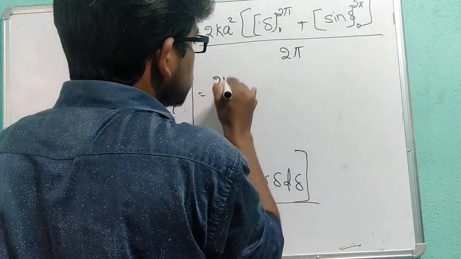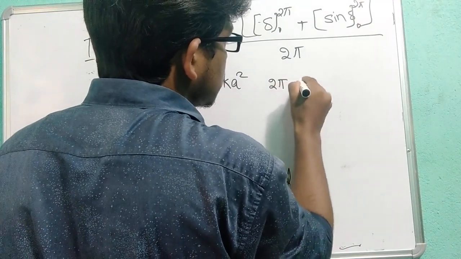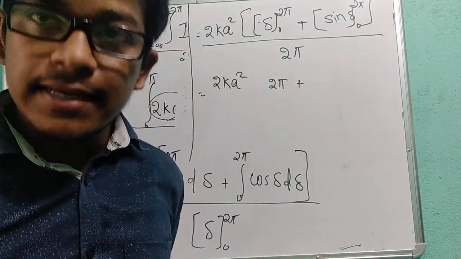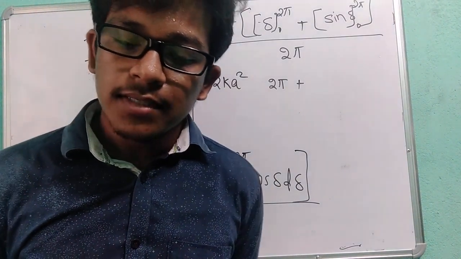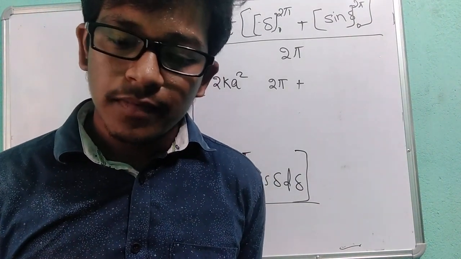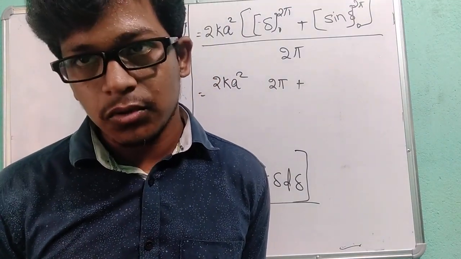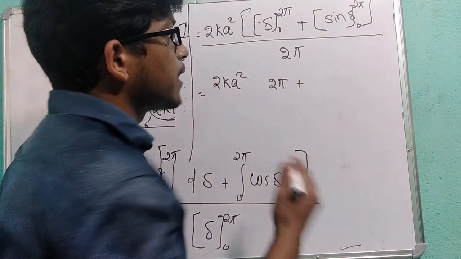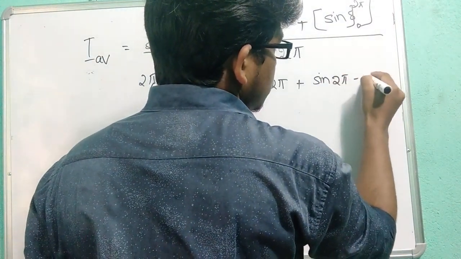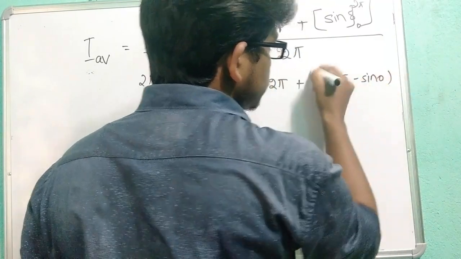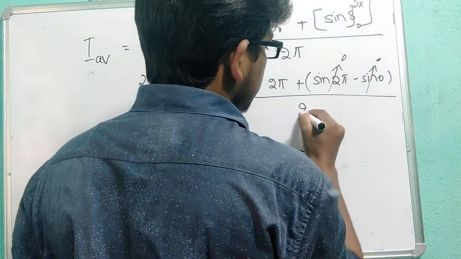Let's simplify more. This is 2 pi plus sin delta with limit 0 to 2 pi. What is the value? Sin 2 pi minus sin 0. What is the value of sin 2 pi, guys? You can tell me, that is nothing but 0. Sin 0 is also 0. So sin 2 pi minus sin 0 is 0 minus 0, divided by 2 pi.